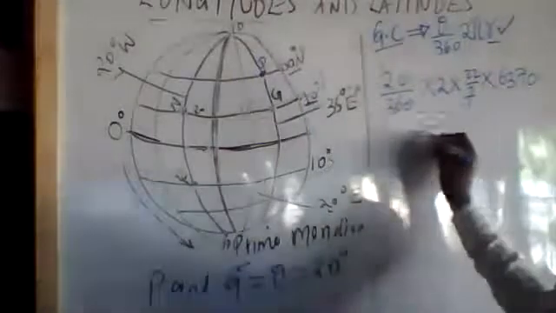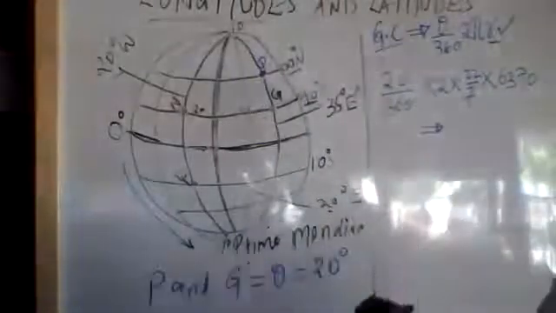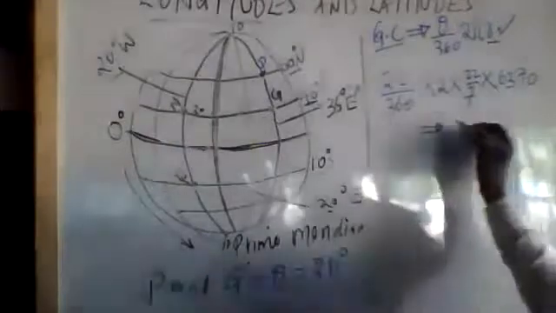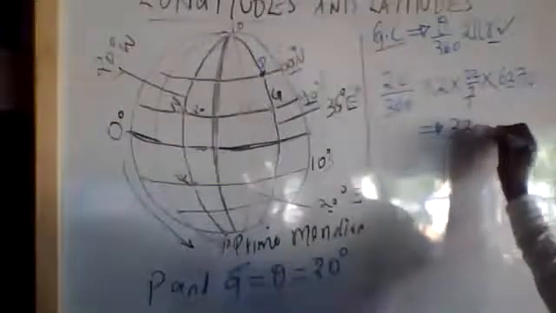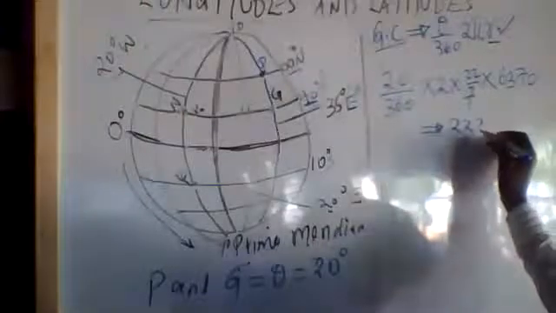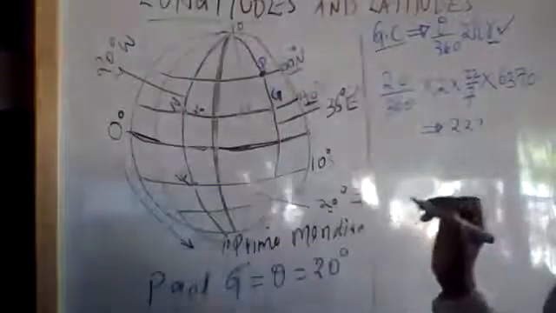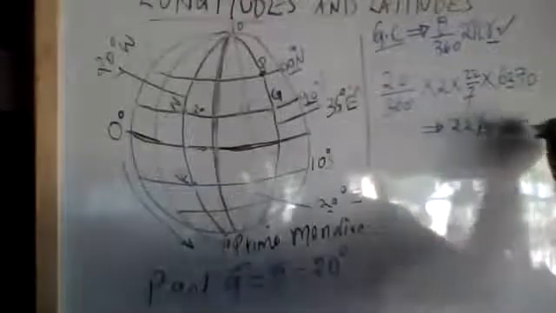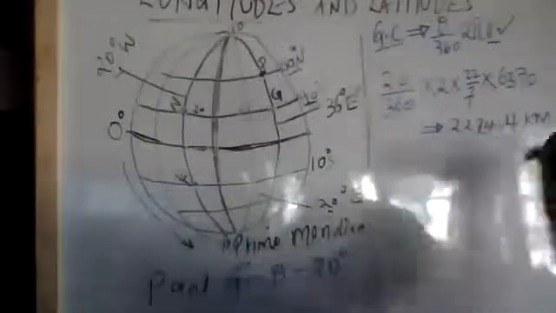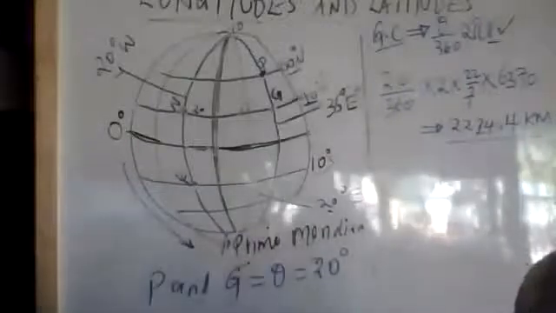So what is the answer? 2224.4 kilometers. Very good. So that's what you're supposed to find.